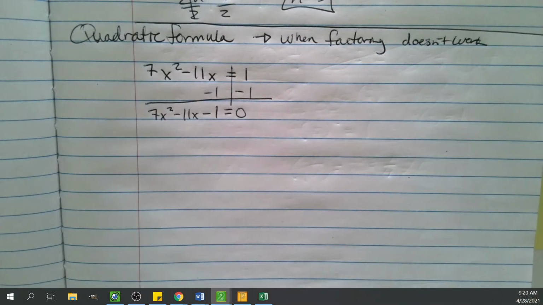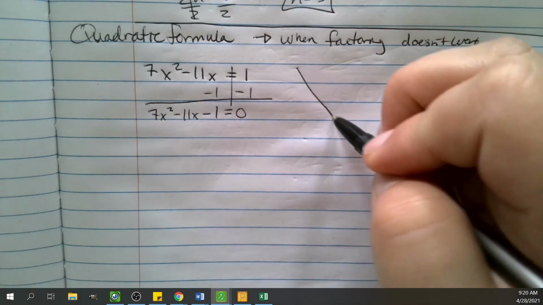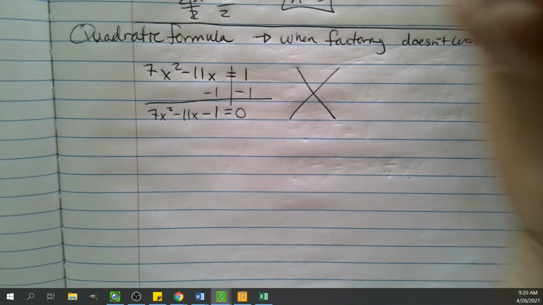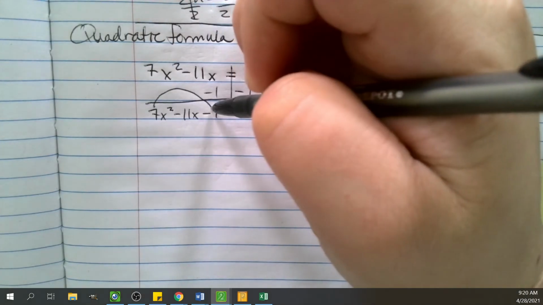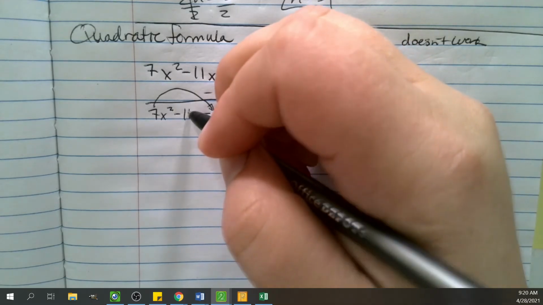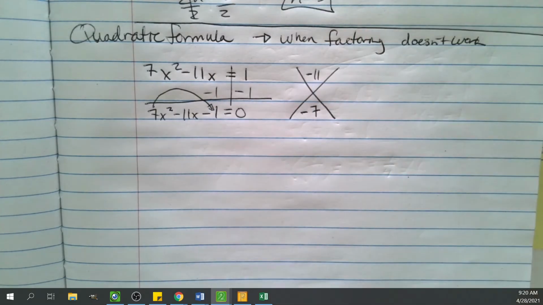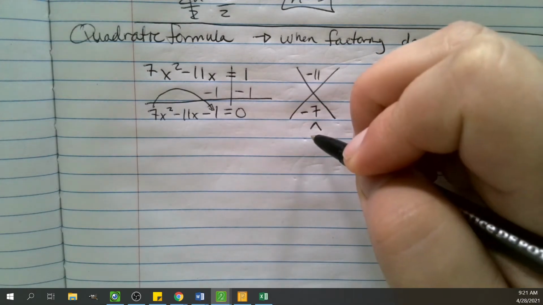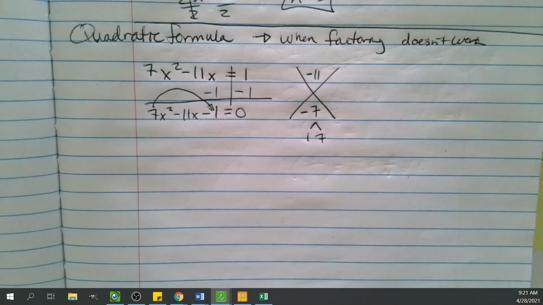Okay. Now let's try to factor it so you can see what it would look like when it doesn't work. Remember, we're going to take that 7 to that -1, and that's in the base. The middle number, or our b, always goes in the top. What are 2 numbers that multiply to 7? 1.